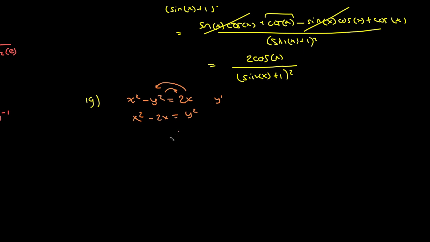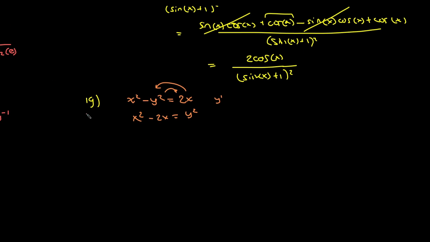You might want to take the square root of both sides, but you need to do both the positive and the negative square root, so I won't do that, because then I'd have twice the work, and I don't want to do twice the work.